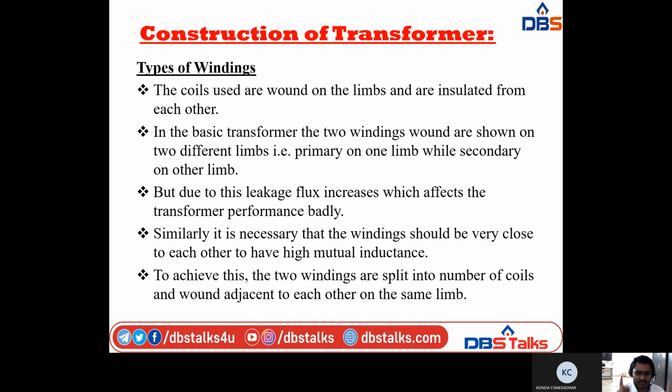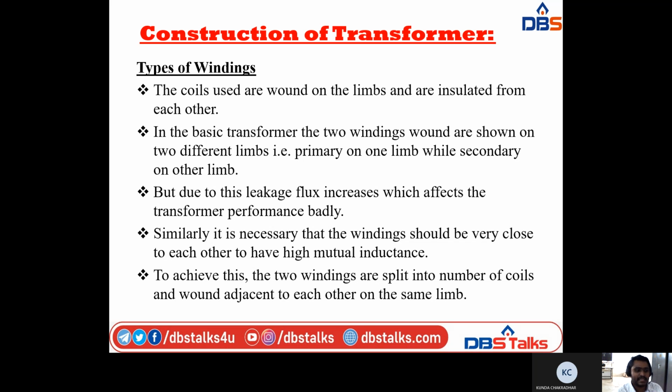Actually we have one transformer. The transformer consists of two windings, one is the primary winding and another one is the secondary winding. The primary and secondary windings are placed on two different limbs, but both are placed on the core only. So that is primary on one limb and secondary on the other limb.